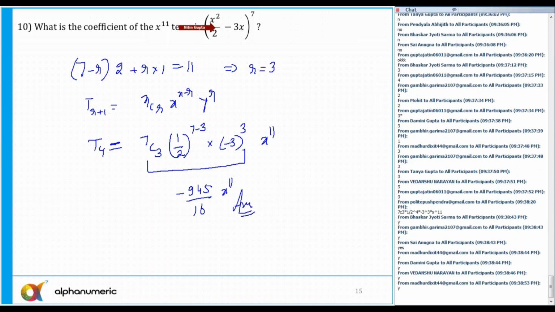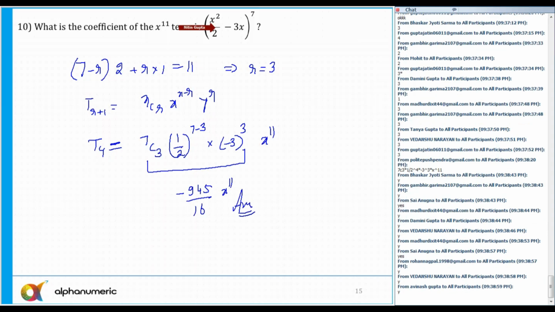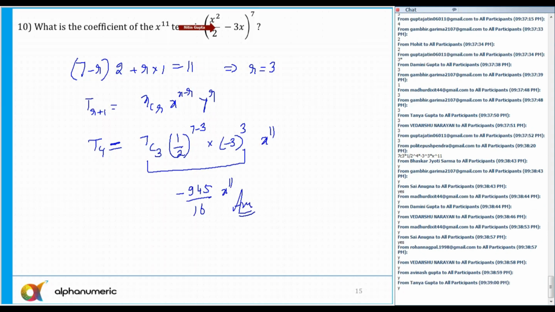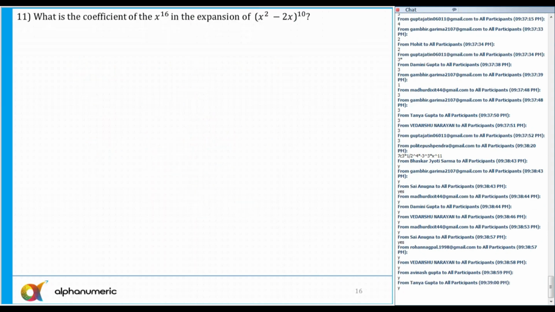So should I move to the next question now? Tell me the answer of this question. What is the coefficient of x raised to power 16 in the expansion of this?